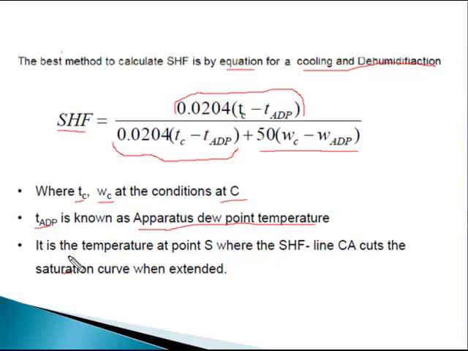It is the temperature at point S where the sensible heat factor line CA cuts the saturation curve when extended.